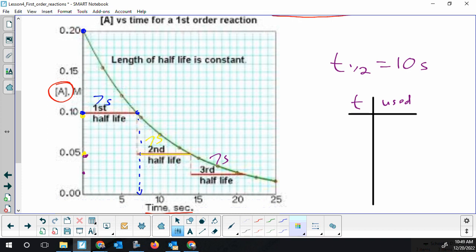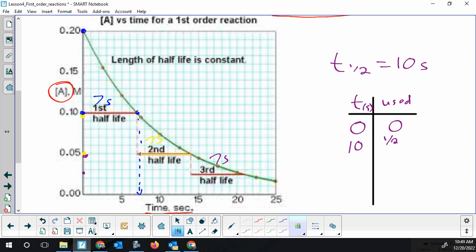We're going to look at the time versus how much has been used up. At 0 time, we've used up 0%, or we're going to do these as fractions. So if we go out 10 seconds, we're going to have used up half of whatever starting amount of chemical we had.